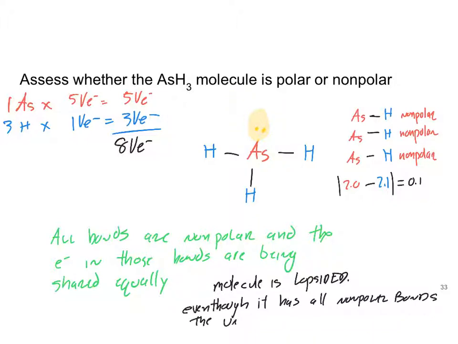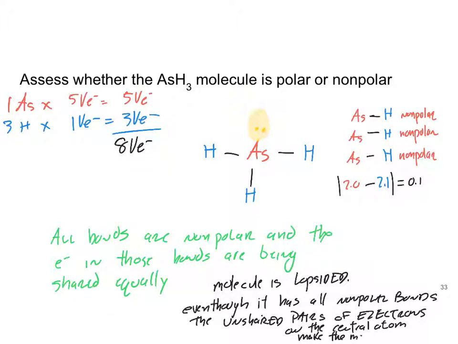The unshared pairs of electrons on the central atom make it polar. Okay, so that's what ends up happening there, and that's a really important distinction to understand.